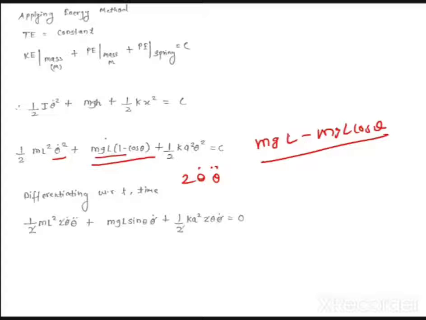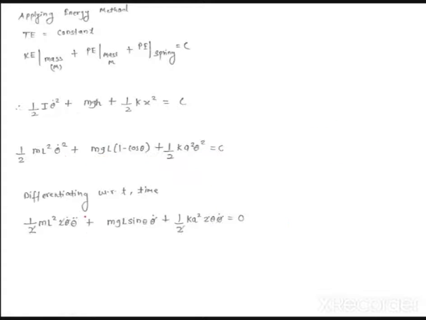So mgL will give you 0 on differentiation, the minus sign will become plus, because the derivative of cos theta is minus sin theta, and the derivative of theta is theta dot. So sin theta into theta dot, plus one half k a square, derivative of theta square is equal to 2 theta into theta dot. Okay, so this is how I did it. And you can see that one half and 2 get cancelled, and theta dot gets cancelled.